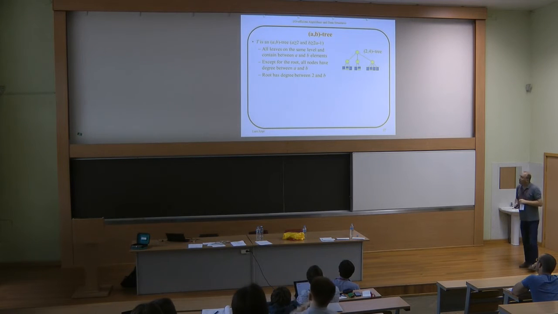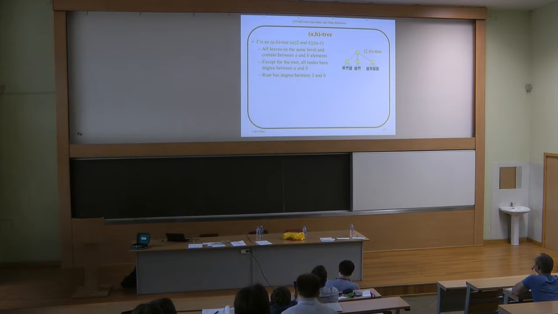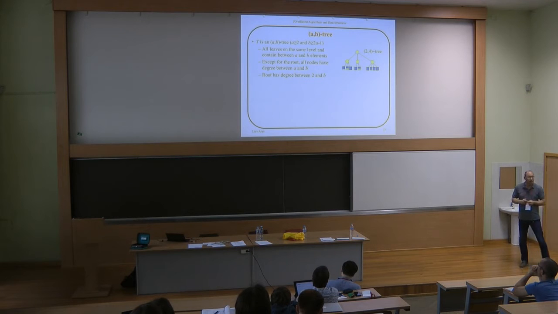Then all leaves have between a and b elements in them, and all internal nodes have fan out between a and b, except for maybe the root. Okay, so here we have an example of a 2-4 tree. Each node here has degree between 2 and 4, 3, 3, 2, 4, and each leaf here has between 2 and 4 elements in them, the blue stuff.